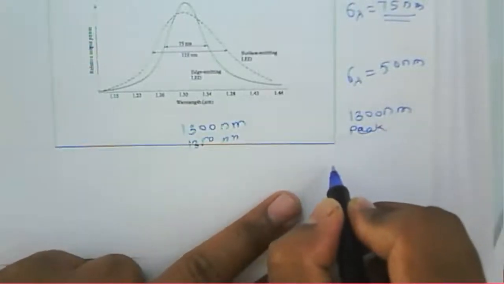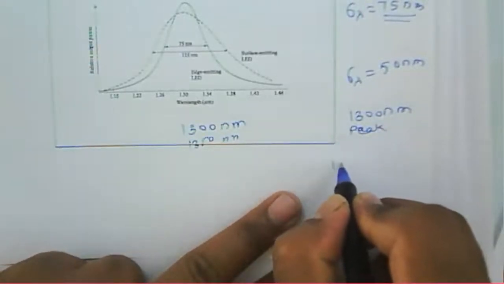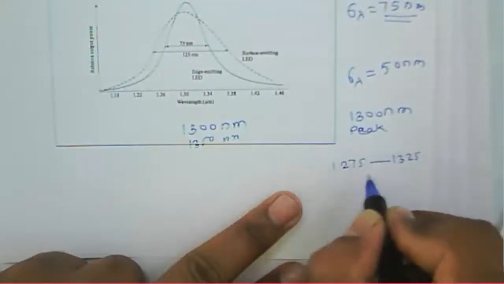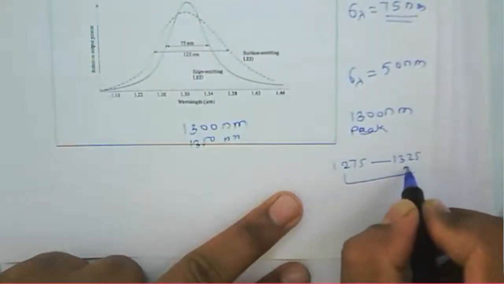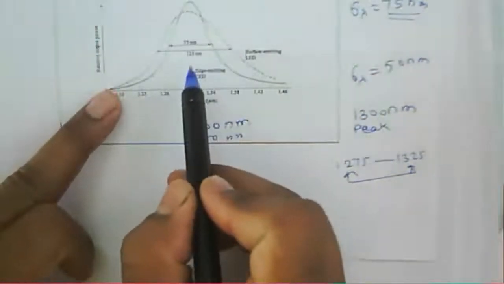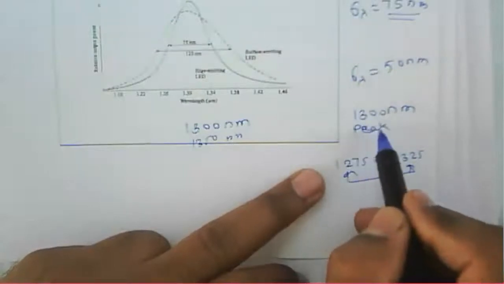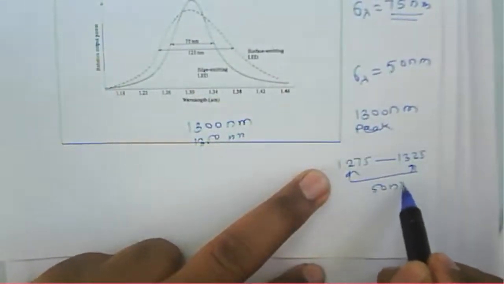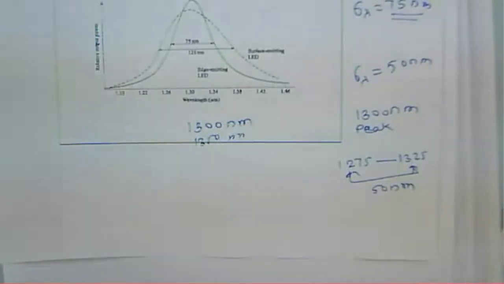Means what we can say is that from 1275 to 1325, this is the band where we'll get that radiation intensity. But the maximum peak is at 1300, and that is the spectral width for the given source.